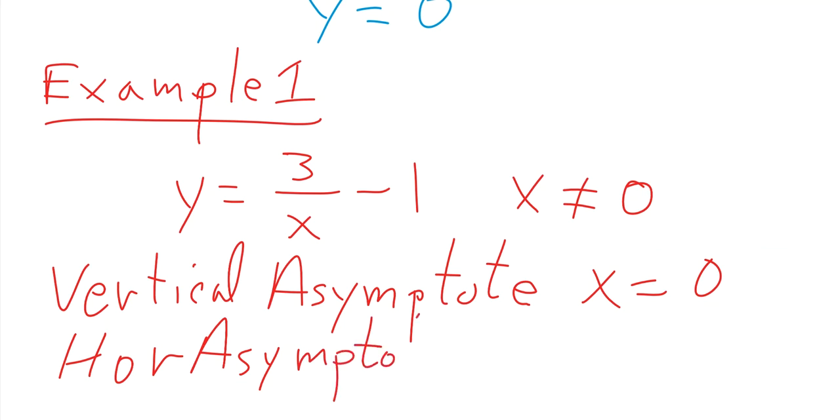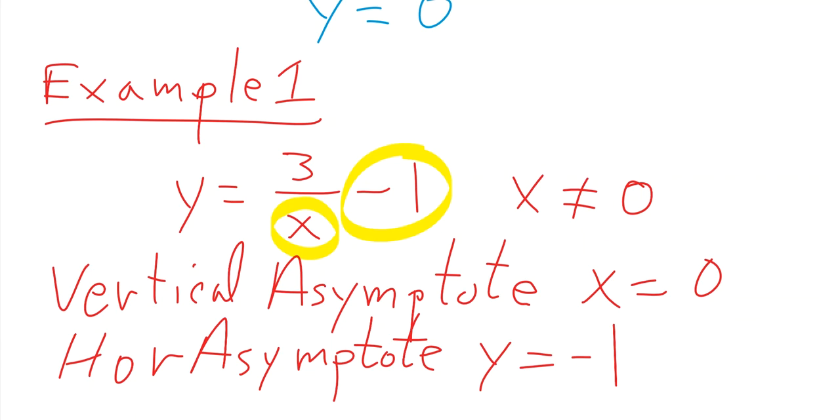The asymptote for the horizontal one is y equals -1. Now notice that this one right here defines our vertical asymptote, and this one right here defines our horizontal asymptote. Okay? Notice that pattern and how it works.